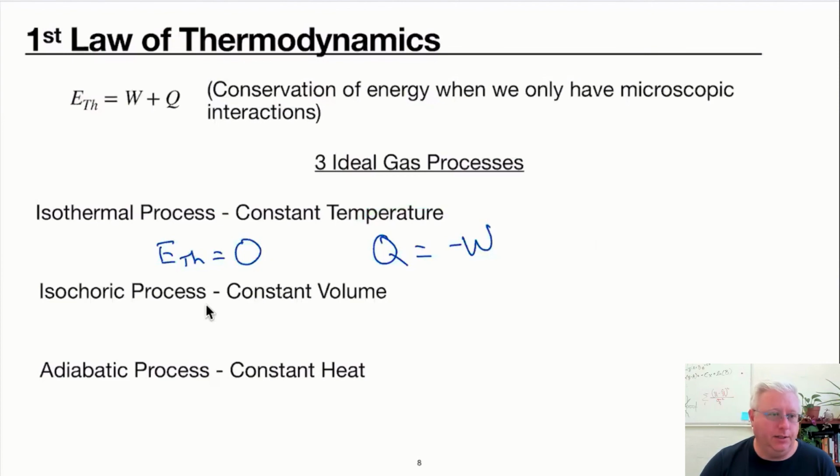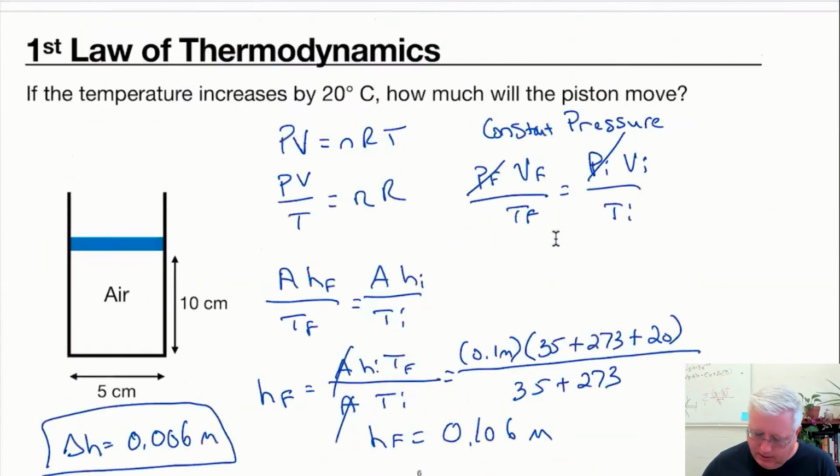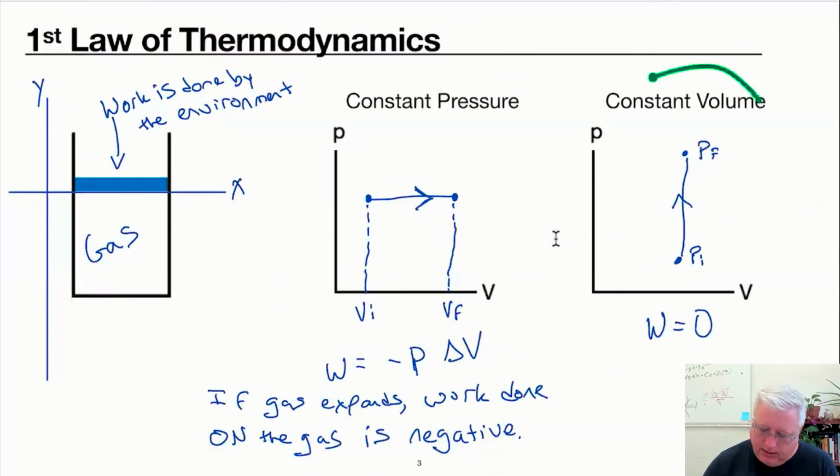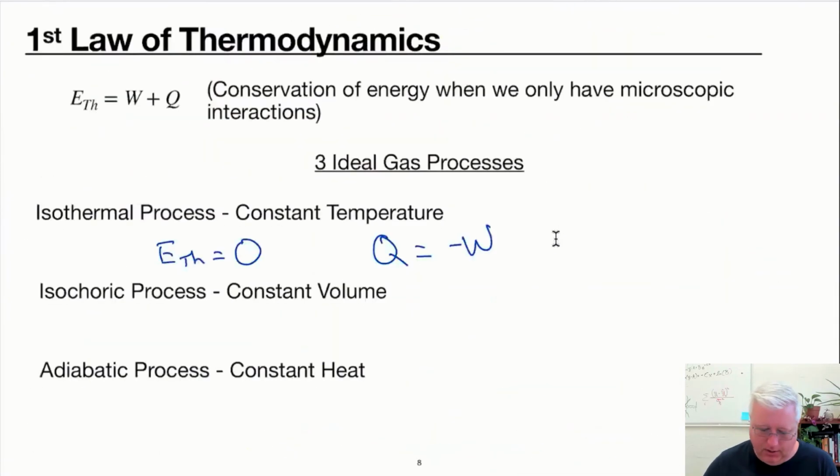Then there's the isochoric, or constant volume process. We saw that with a constant volume process, where work is the area under the curve, there is no work done. There's no motion, no change in volume, so there's no work done.